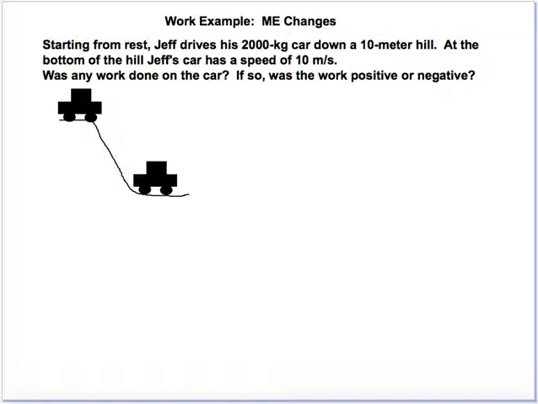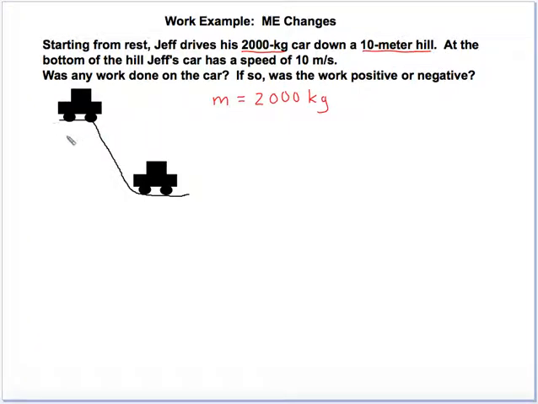So the first thing we can do is look through the word problem itself and pick out good information. So here we have 2,000 kilogram. That means our mass is 2,000 kilograms. We can tell because of the unit, kilograms is for mass. And he drives down a 10-meter hill.